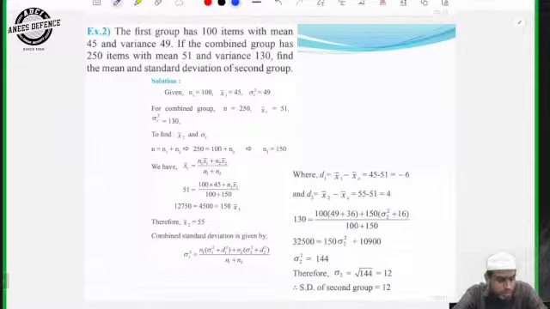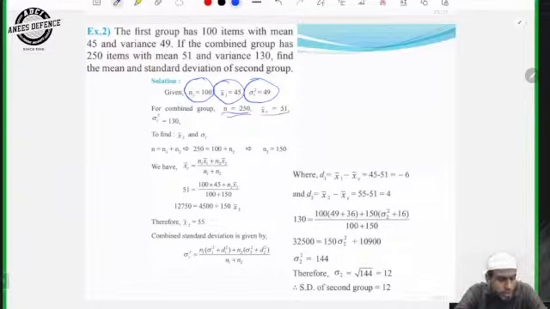Another example. The first group has 100 items with mean 45 and variance 49. So n1 equals 100, x1 bar equals 45, and the variance is given. Variance means the square of the standard deviation, so sigma 1 square is given. The combined group has 250 items.